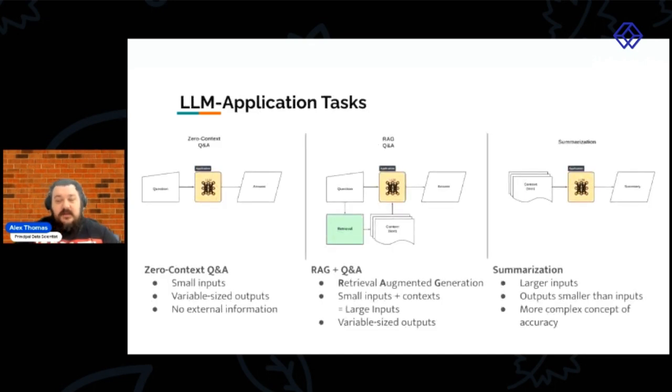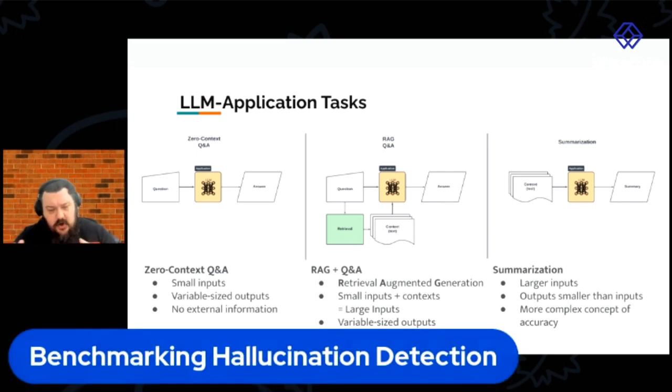So let's break this down into different tasks that the LLM applications can be doing. This is sort of a generalization. There are probably more ways you could configure this and other things you could consider, but these are classical examples.